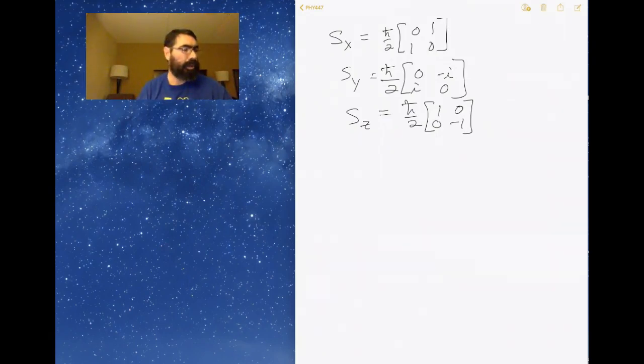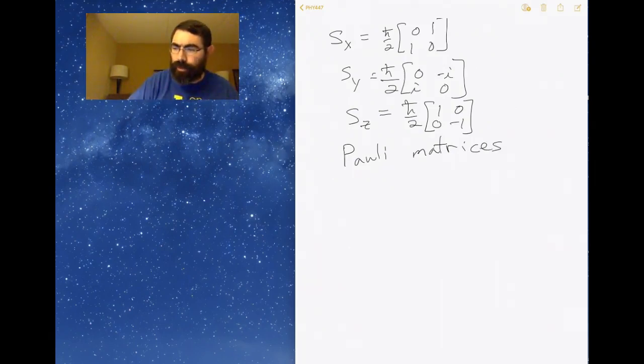So basically those commutation relations give us this form. And we can actually clean it up a little bit, or create what's called the Pauli matrices, since Wolfgang Pauli is the one who worked a lot on spin.